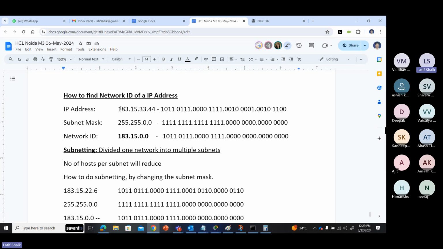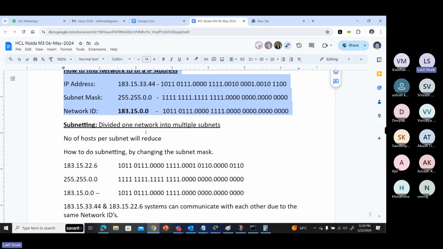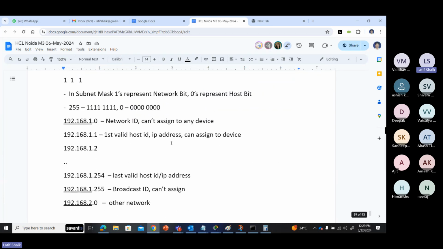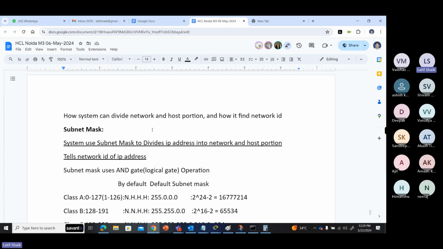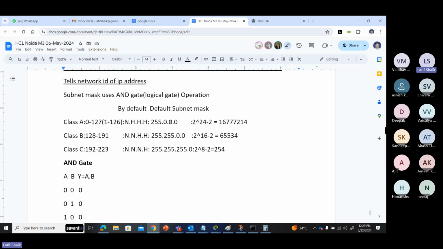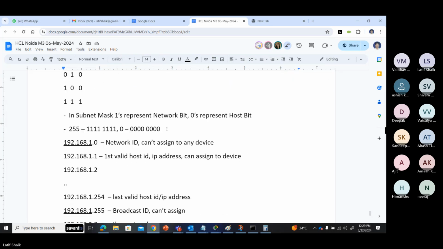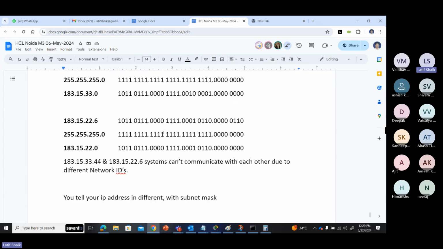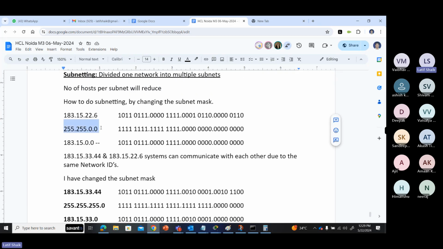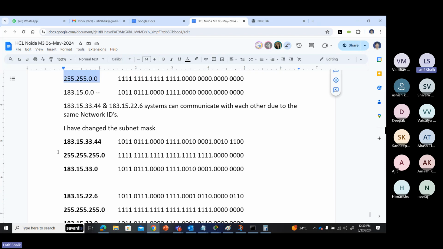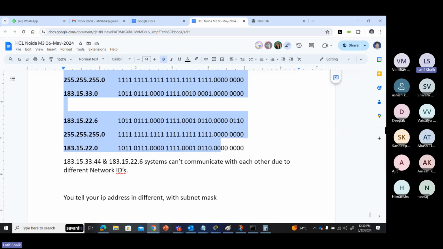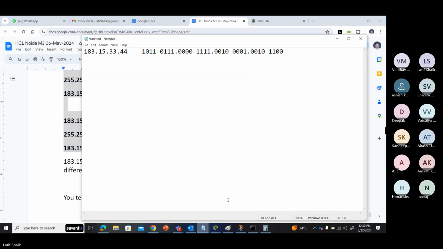So here I told you how to find a network ID from an IP address, but there is another advantage of this subnet mask. What is the other advantage? Of course, the same advantage in a different way. If you see, I used a default subnet mask. If I change my subnet mask, what will happen?